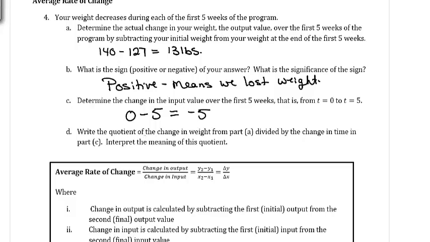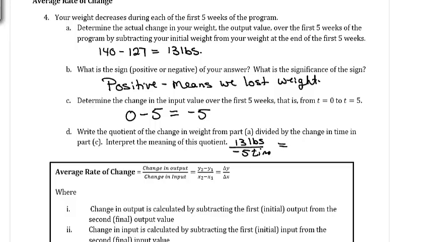Now we want to write the quotient of the change in weight from part A divided by the change in time in part C and interpret the meaning. And so that would be our 13 pounds divided by negative 5, and that's time.